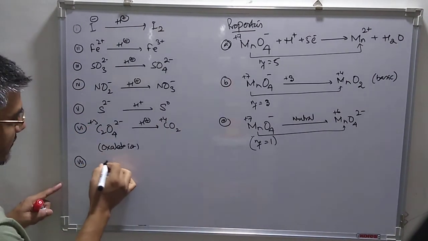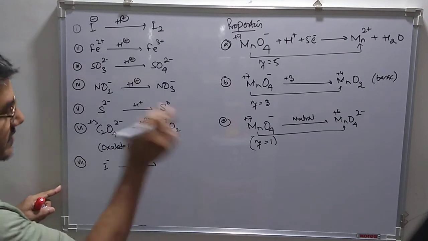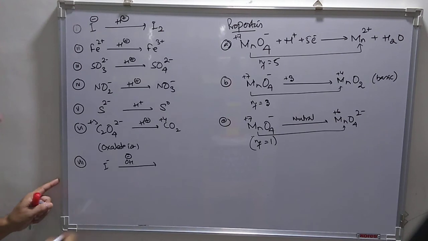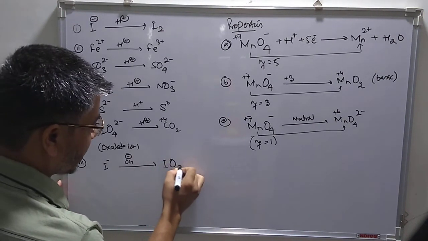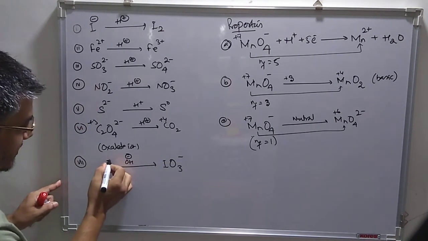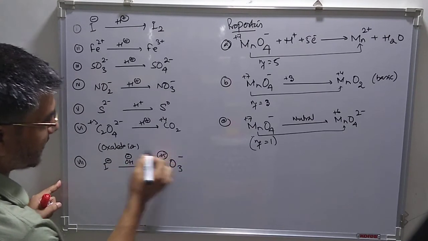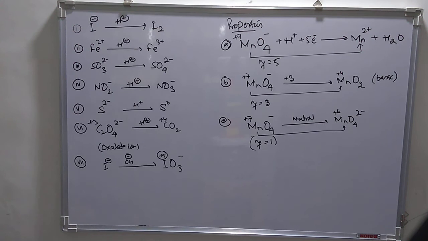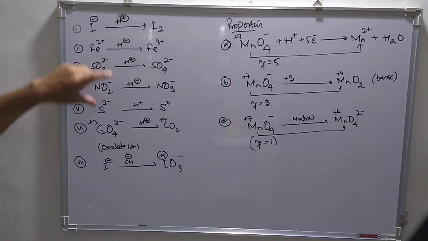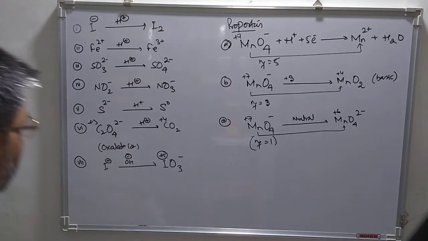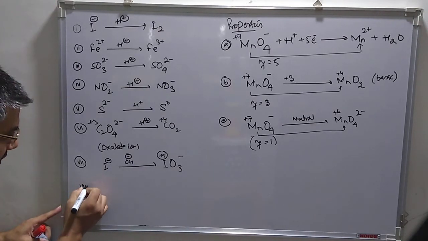In this case, I minus is oxidized by KMnO4 in alkaline medium to give iodate ion. So I minus is changing from minus 1 to plus 5. So this is how KMnO4 acts as an oxidizing agent. It means we have a number of inorganic species which can be oxidized. Apart from this, we also have organic compounds.